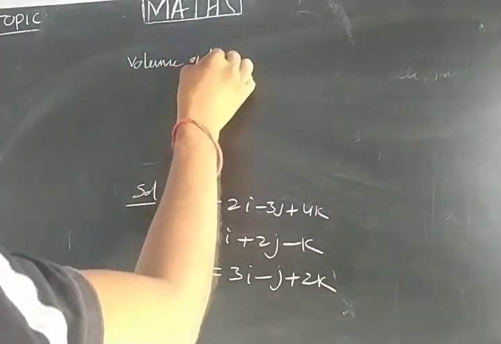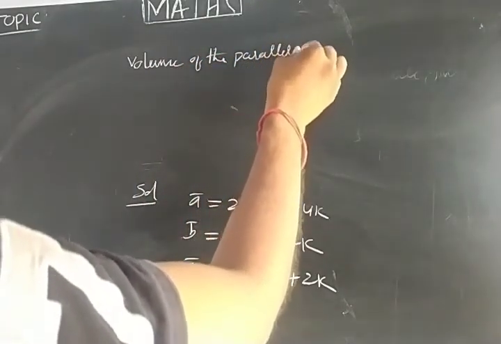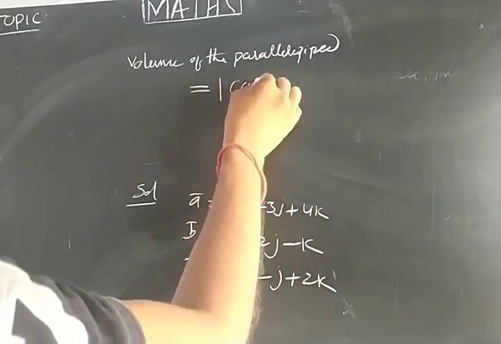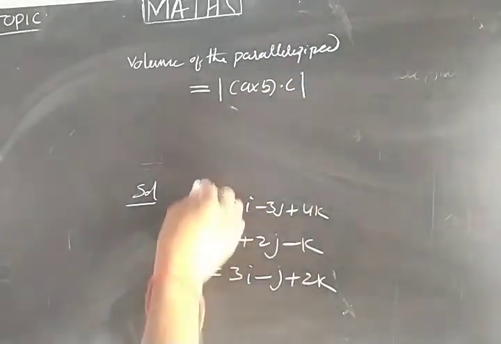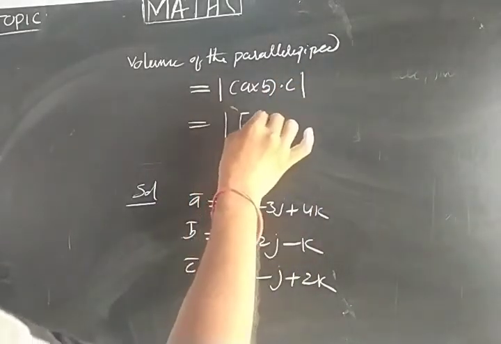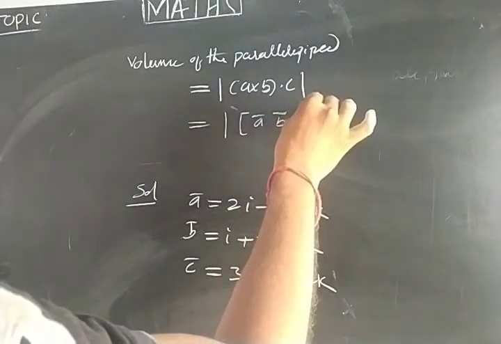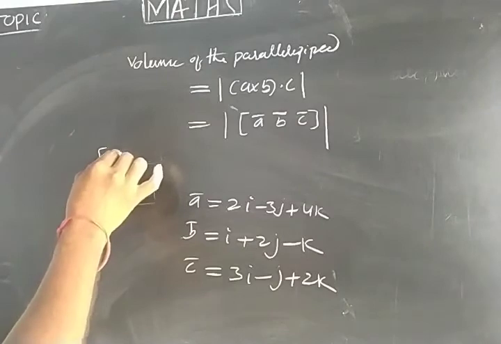Volume of the parallelepiped is equal to what? Modulus of the scalar triple product, or you can write modulus of box ABC. So first find box ABC, then take mod. Okay. Now I am finding box ABC.